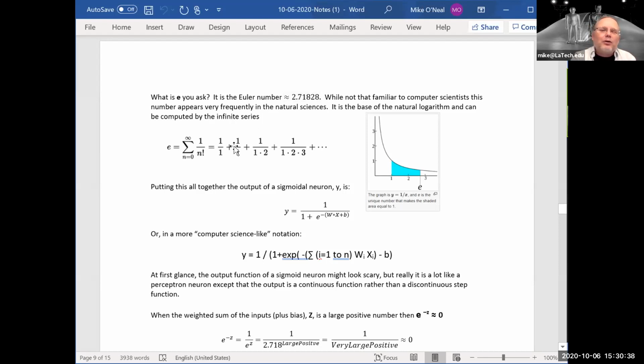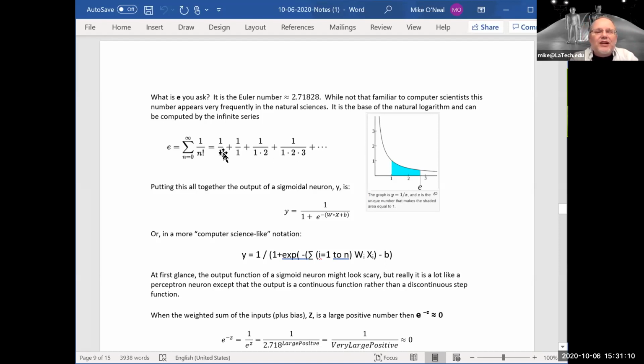It's really the sum of 1 over n factorial, from n equals 0 to infinity. So 1 over 1, which is 1, plus 1 over 1, which gives us 2, plus 1 over 2, so that's 0.5, plus 1 over 6, plus 1 over 24, plus and so on.